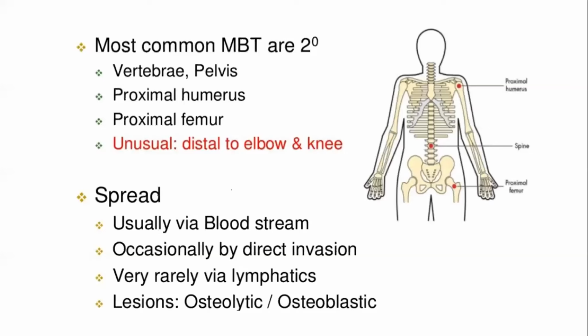Now, the most common malignant bone tumors are the secondaries, and the secondary sites are usually the vertebra, pelvis, proximal humerus, and proximal femur. Bone tumors usually spread through the hematogenous route, occasionally by direct invasion, and very rarely via lymphatics. The lesion may be osteolytic or osteoblastic.